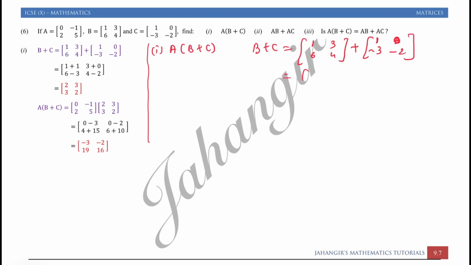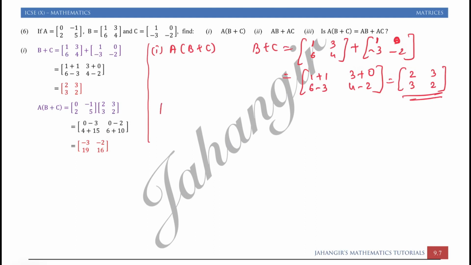So B plus C will be 1 plus 1, 6 minus 3, 3 plus 0, 4 minus 2. Hope you remember how to add. It's very simple. 1 plus 1 is 2, 6 minus 3 is 3, 3 plus 0 is 3, 4 minus 2 is 2. So this is B plus C.